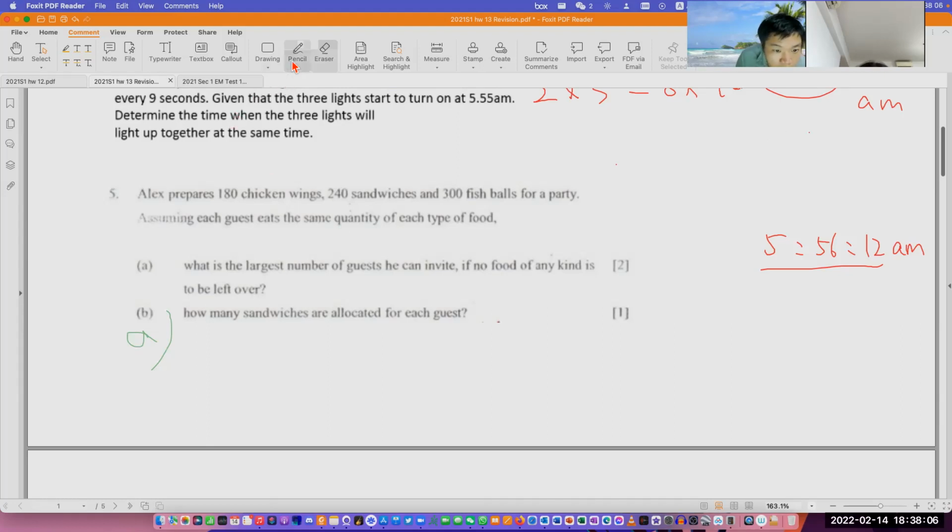So 2 marks, 2 marks you must show working. No working, wrong, or penalized. 1 mark. There is no half mark. Strictly speaking, there is no half mark. So it's either a deduction of 1 mark or deduction of 0. They don't give you half mark.